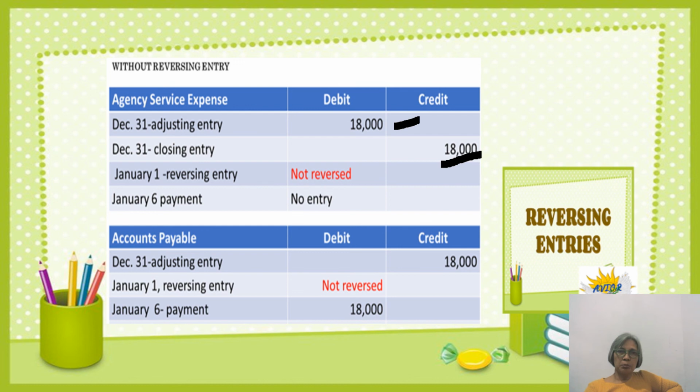So, kung wala kang reversing entry, anong gagawin mo? Wala kang entry sa expense kasi hindi mo na-reverse eh. Sa account payable mo, magkakaroon ka ng entrada kasi yung accounts payable mo naiwan eh. Debit expense, credit accounts payable.